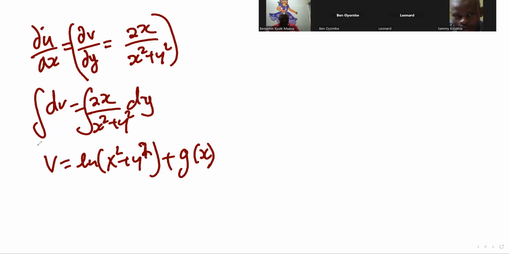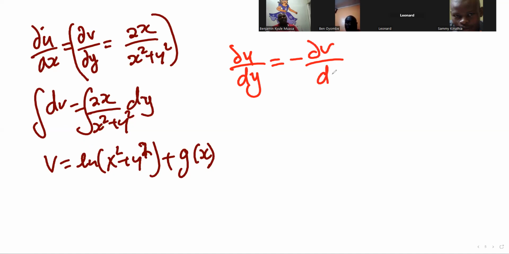And then you also know that our du over dy should equal minus dv over dx. And ours was minus 2y, was it minus 2y? Yes. Let me go back actually. This was minus.